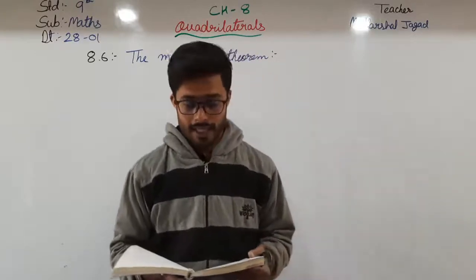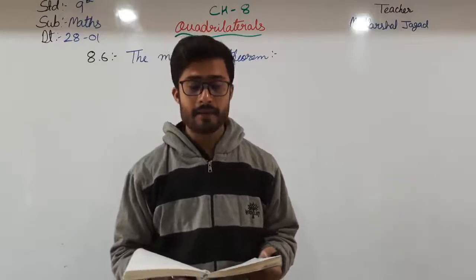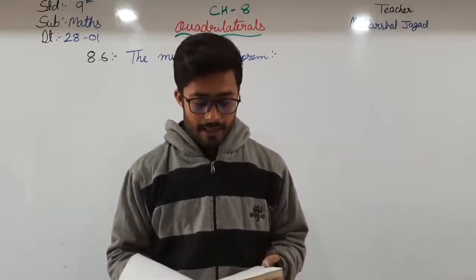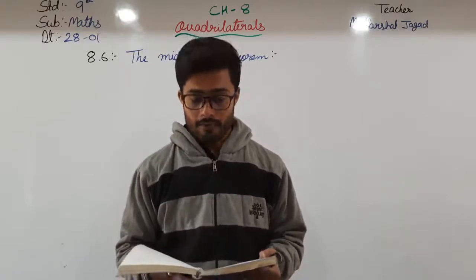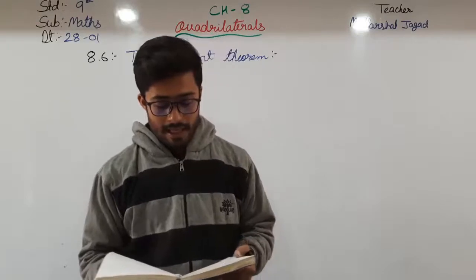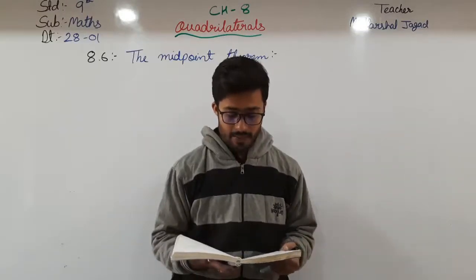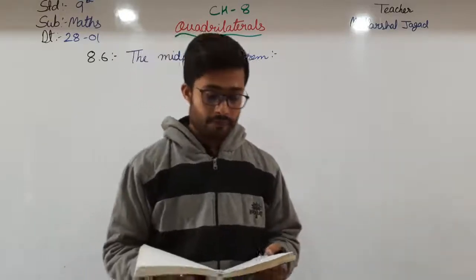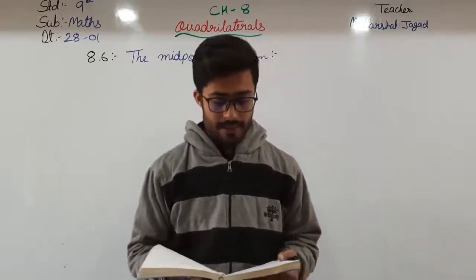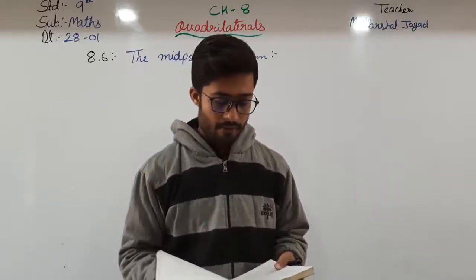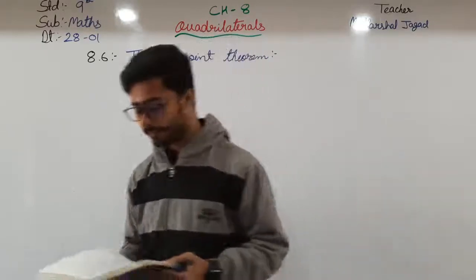Measure angle AEF and angle ABC. What do you observe? You will find that EF is equal to half of BC and angle AEF is equal to angle ABC. So EF is parallel to BC. Repeat this activity with some more triangles so you can arrive at the following theorem.